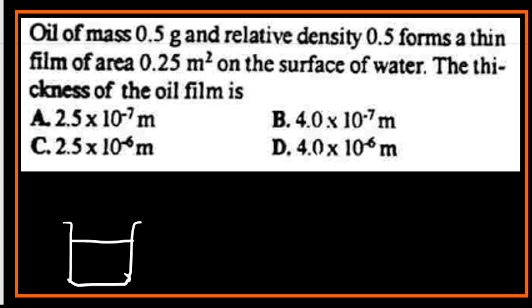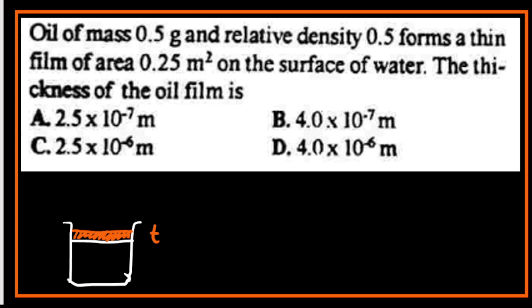Then according to the question, you have oil on the surface. I want you to understand this, that's why I am diagrammatizing it. So this is the oil standing on the liquid. So it has a thickness. Let's call the thickness of the oil T. That's what the question is asking from you.